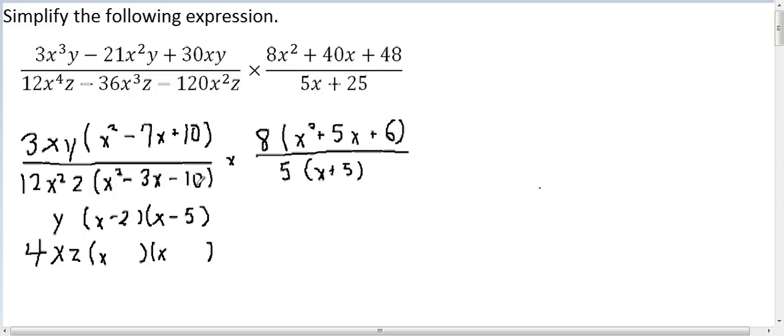Either way, the signs of the numbers we write here are opposite from each other. So we subtract the numbers. So if we take 1 and 10, 10 minus 1 is 9, which doesn't match. But if we take 5 and 2, 5 minus 2 is equal to 3. So we know that we need to write 5 and 2 here.